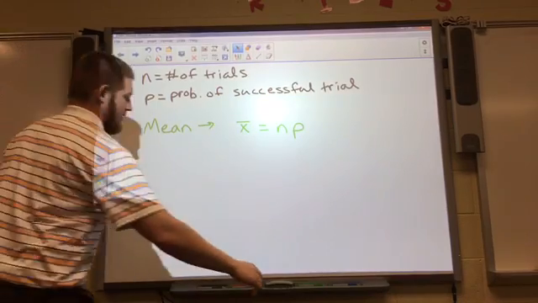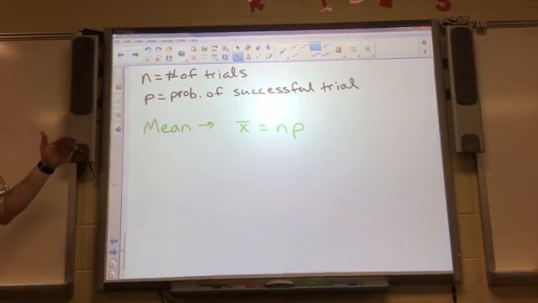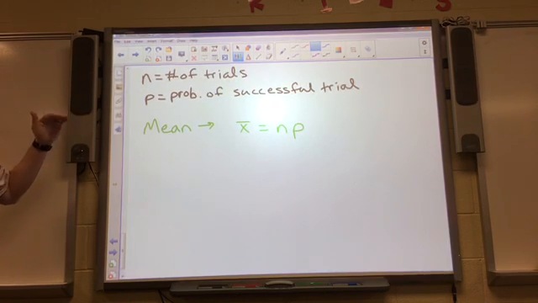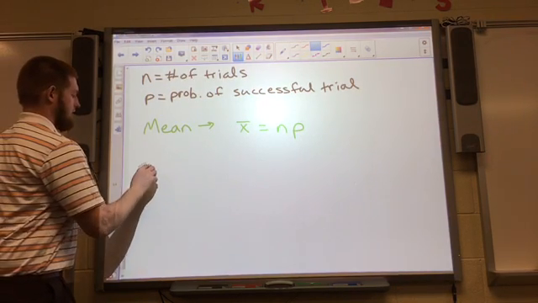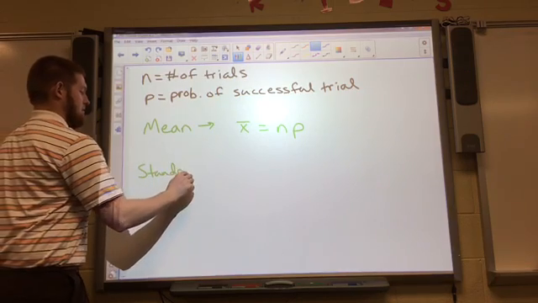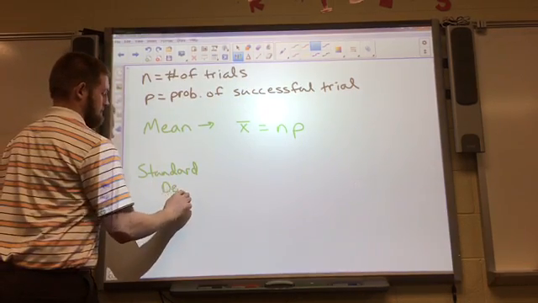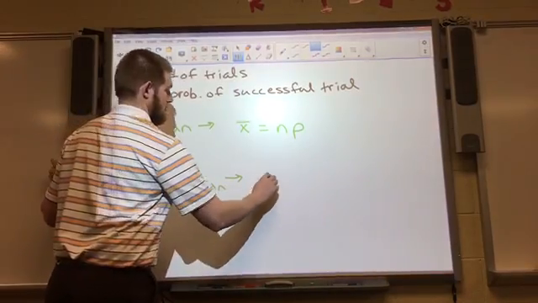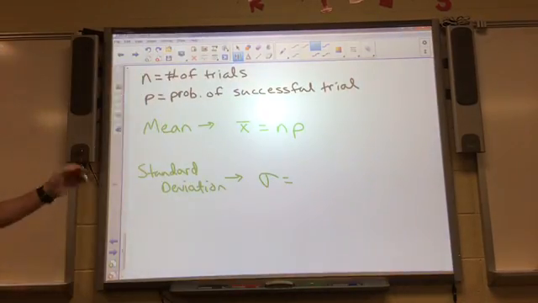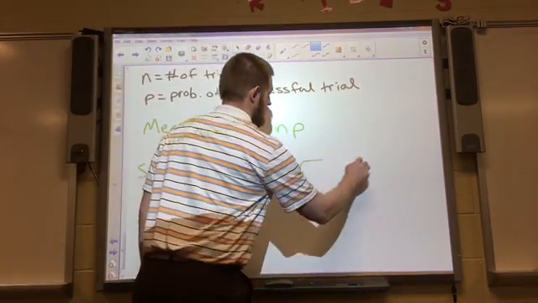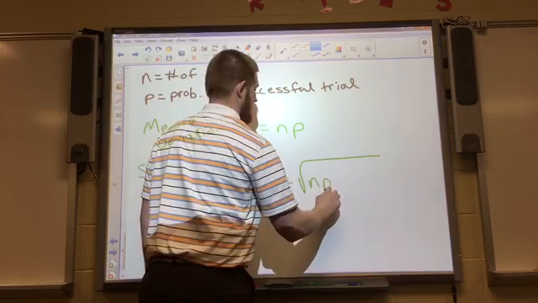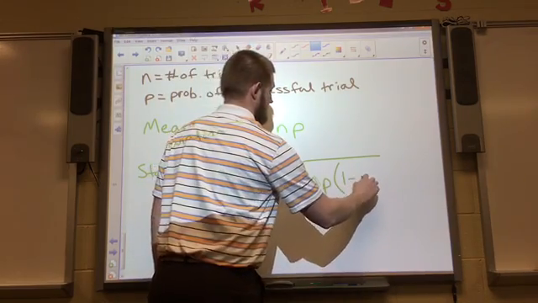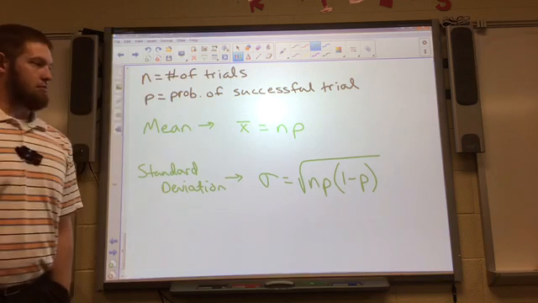Okay, and then the other thing that to put something on a bell curve, you need a mean and a what? Standard deviation. Your standard deviation is equal to the square root of n times p times 1 minus p.